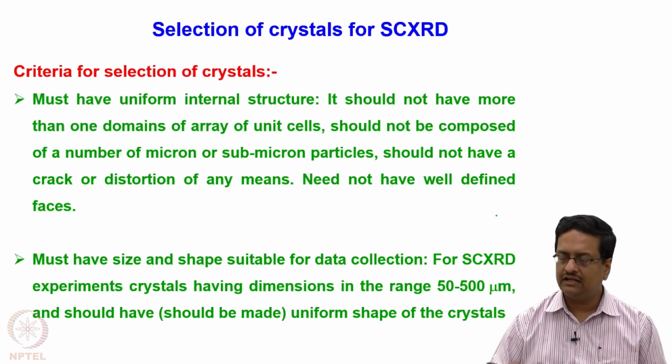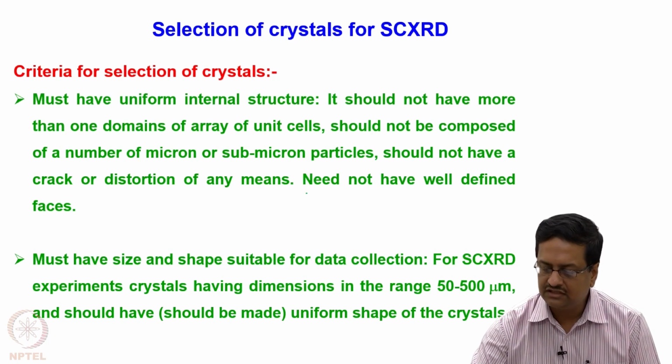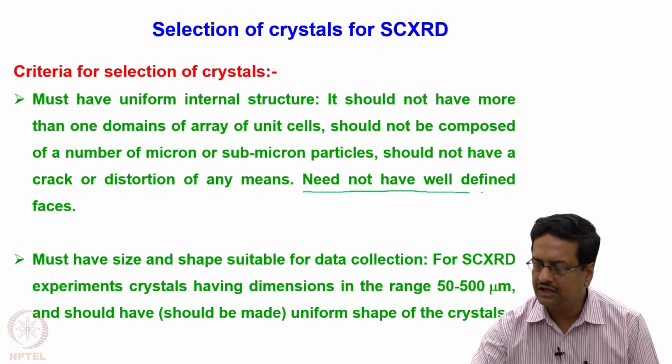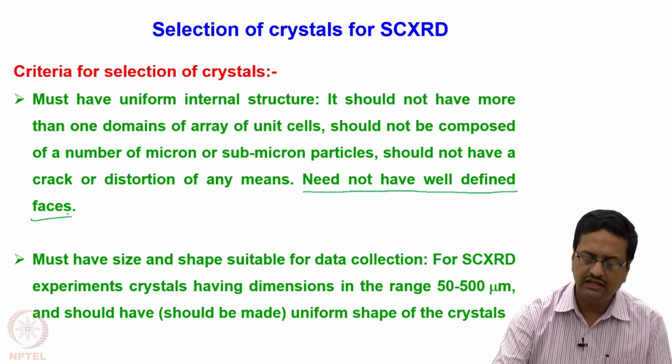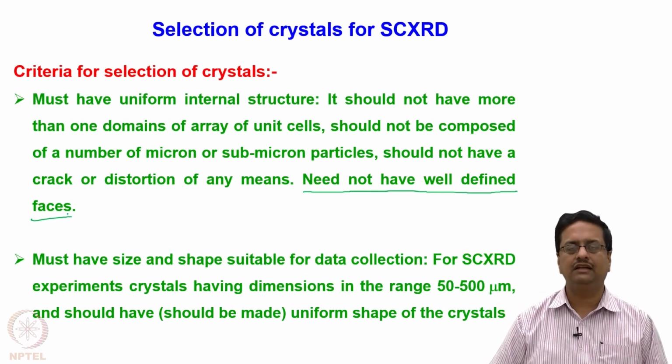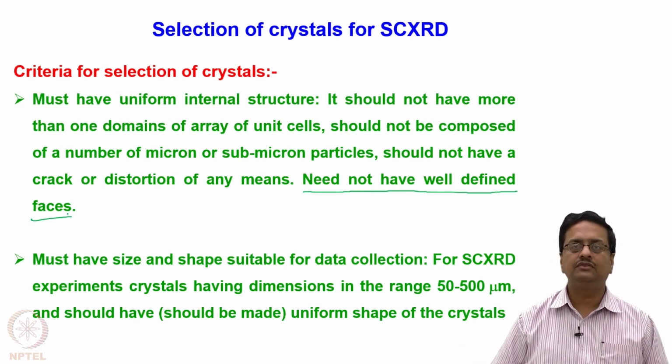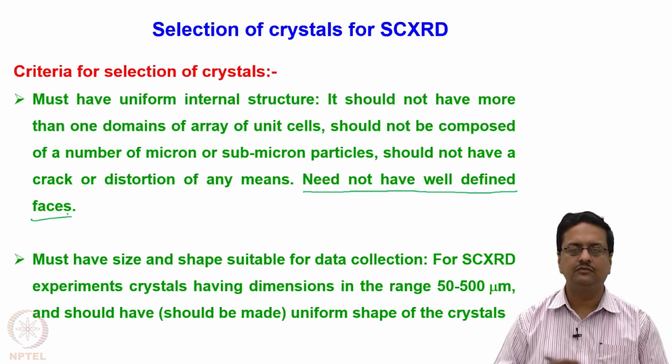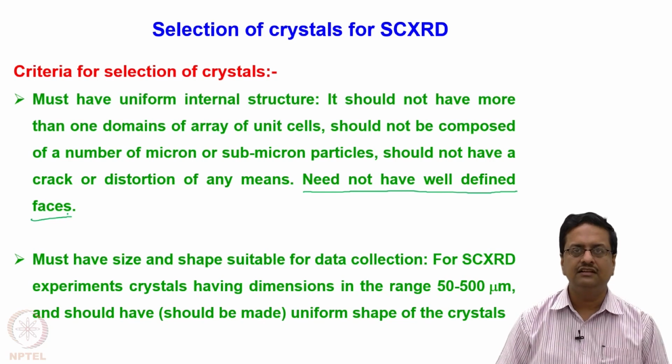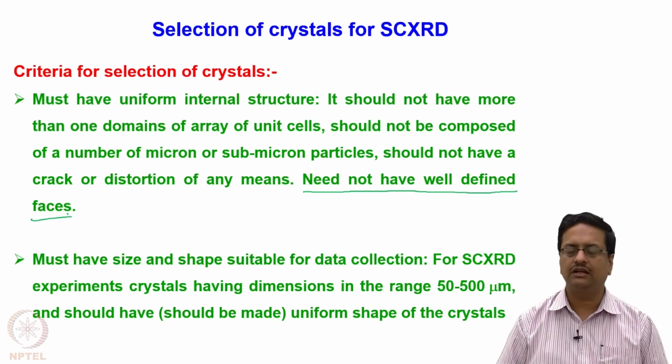One should remember that the crystals need not have well-defined faces. The external faces may not be well defined. One should be able to cut the crystal under the microscope and expose some of the faces and then try to see it under the microscope.